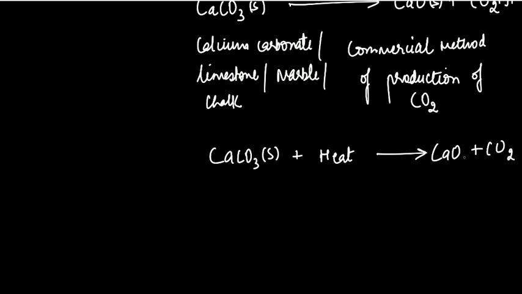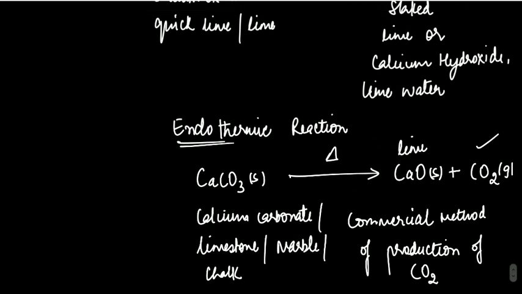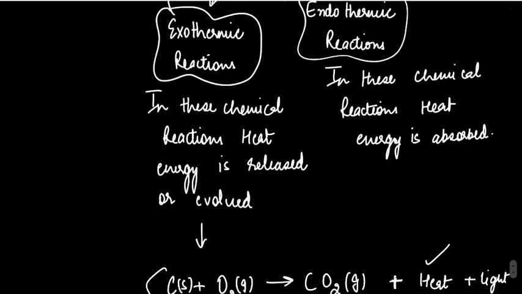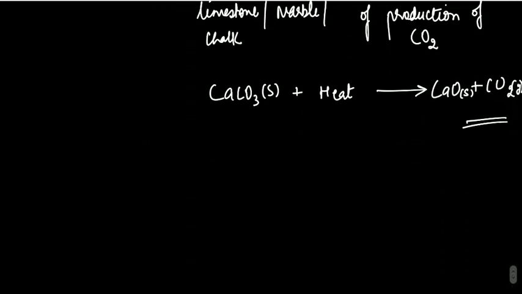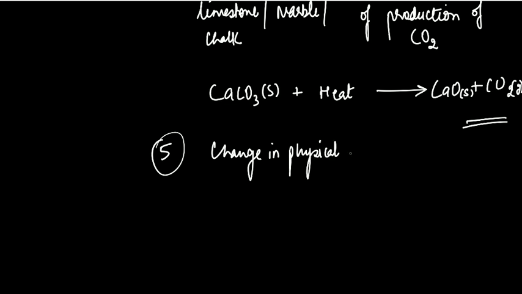So this is in the solid form, this is in the gaseous form, or you can write minus heat on the right hand side also. That's up to you. Then if we go to the next one, the fifth characteristic in depth, that is change in physical state.